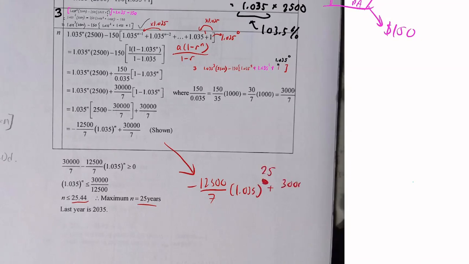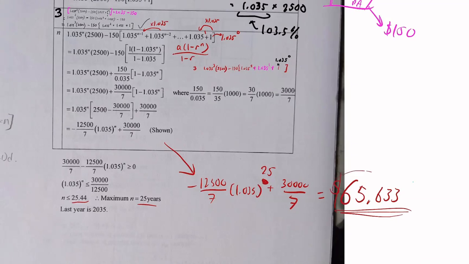Can you key in for me what's the value here? 65.6. So basically only $65 left after giving out the 25th year, right?